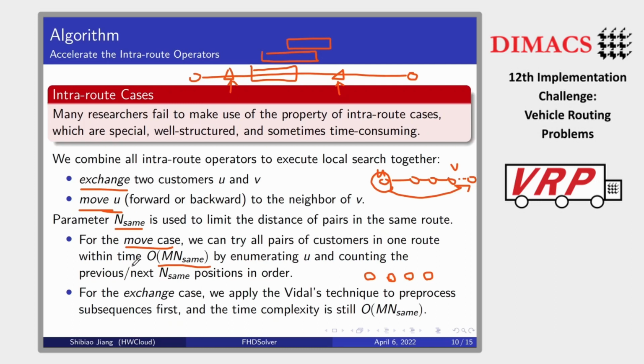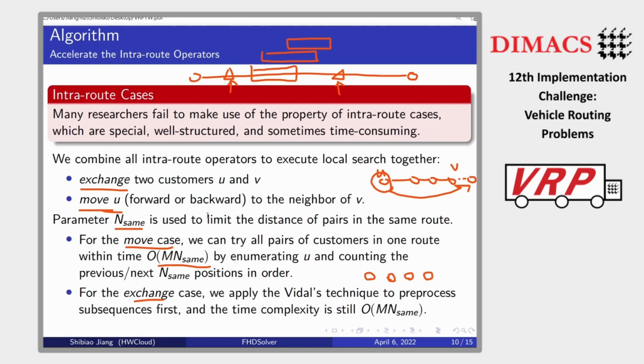So each consumes time O(m multiply nsim). And for the exchange cases, we apply Vidal's technique to propose subsequence first, and the time complexity is still O(m multiply nsim). So it is really quick.